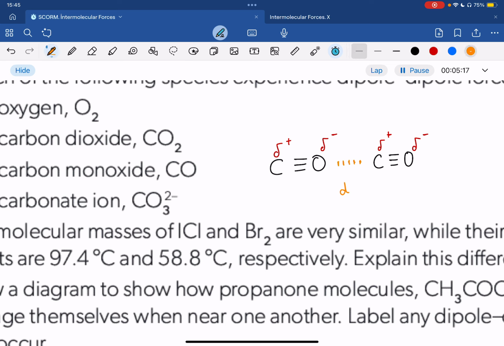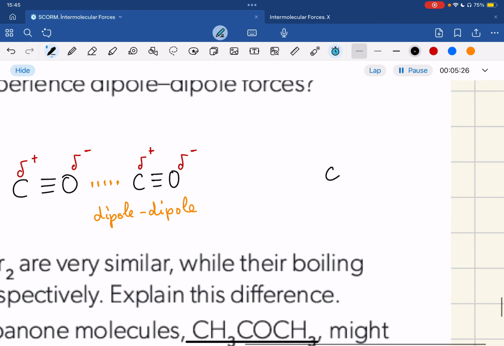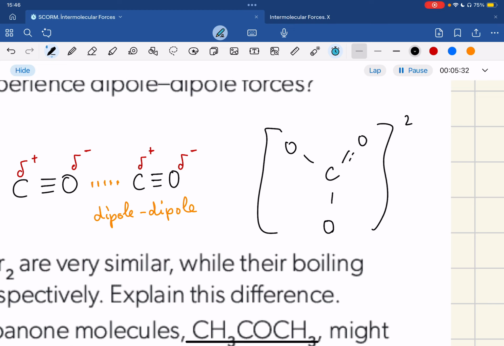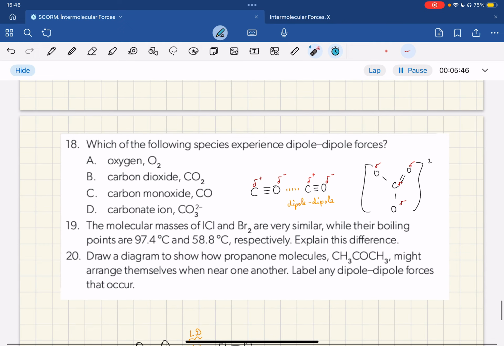So it becomes dipole-dipole. Also in the CO3 2- ion, if we draw the Lewis structure, all the sides are negative. Let me write 2 minus, and we have some resonance structures, but we don't need to care about that. Partial negative, partial negative, partial negative, partial positive. As a molecule, all the ends are negative, so this is a non-polar molecule.